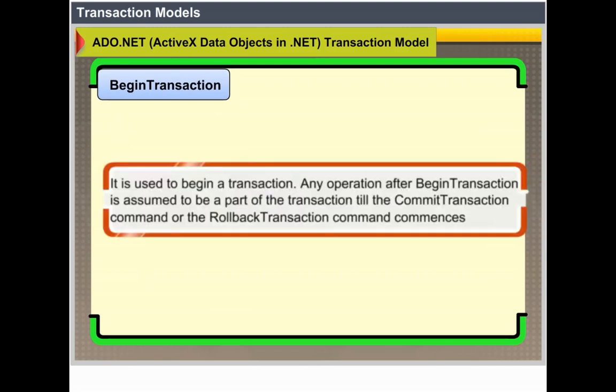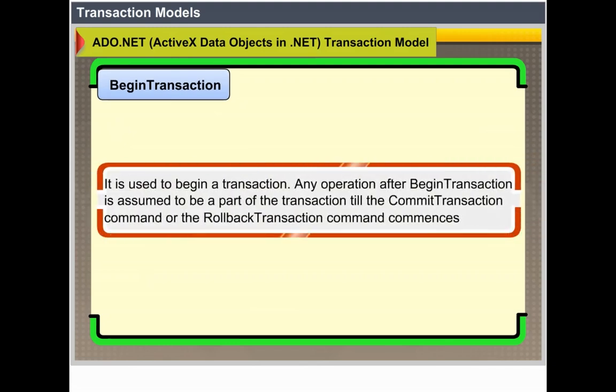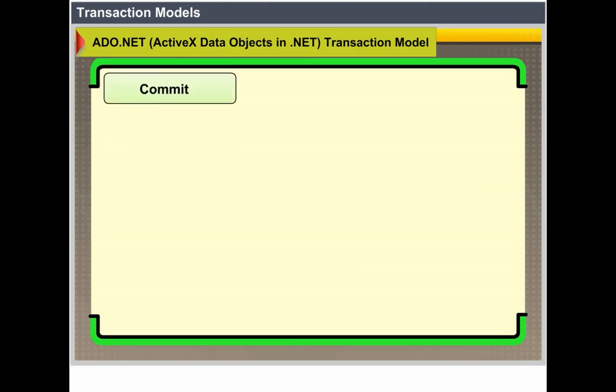Begin transaction. It is used to begin a transaction. Any operation after begin transaction is assumed to be a part of the transaction till the commit transaction command or the rollback transaction command.